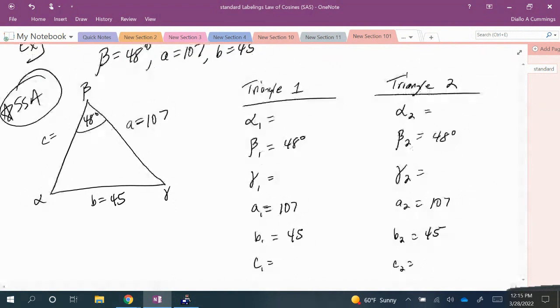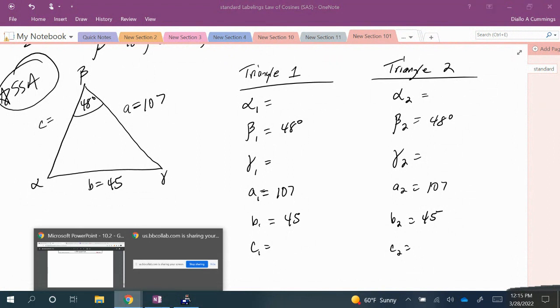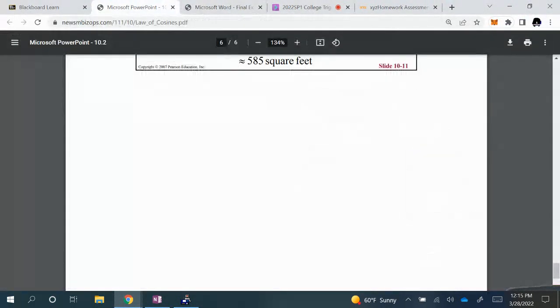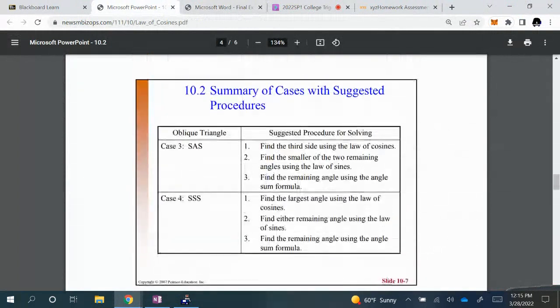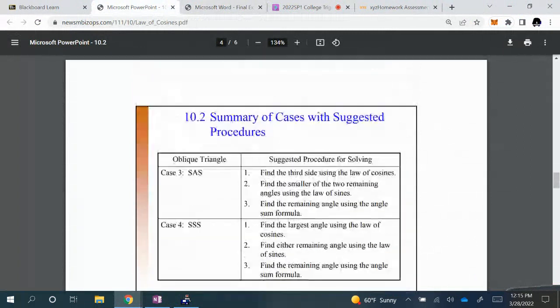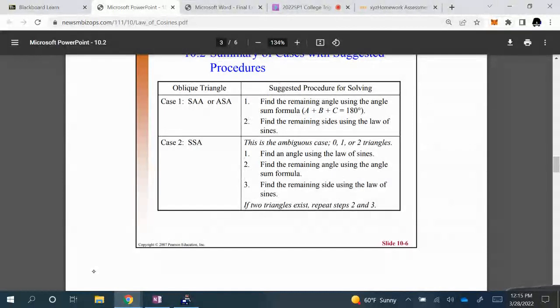All right. So the first thing we're going to do, if I go back to the suggested procedures for a given side-side-angle, which is case number 2, it says that we should find an angle using the law of sines.